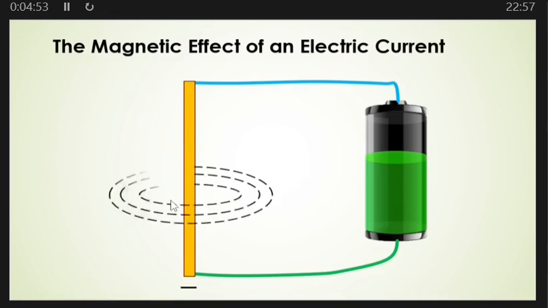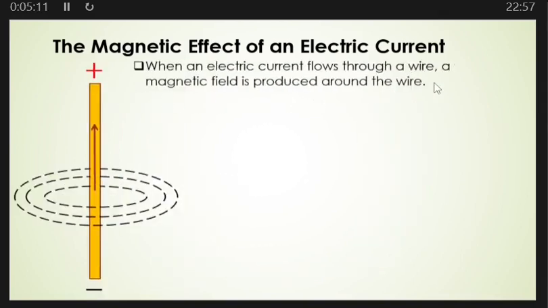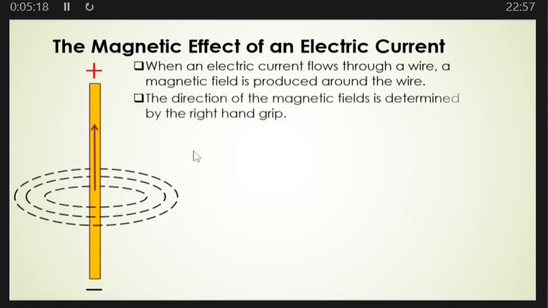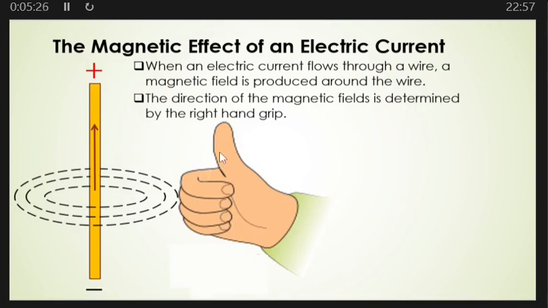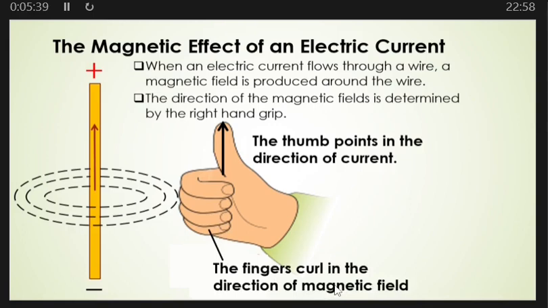So what we are saying here, if this is negative, this is positive, then the direction of current is from the negative to the positive. All right, so when an electric current flows through a wire, a magnetic field is produced around the wire. The direction of the magnetic field is determined by the right hand grip, where the thumb points in the direction of the current, and the curled fingers point in the direction of the magnetic field.